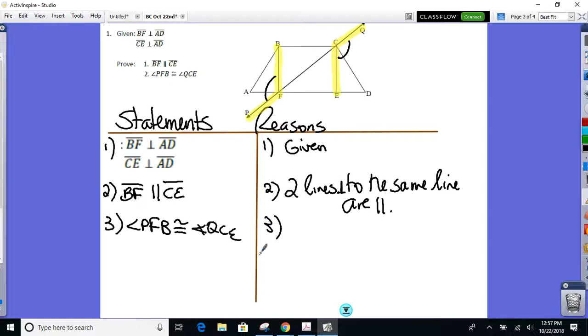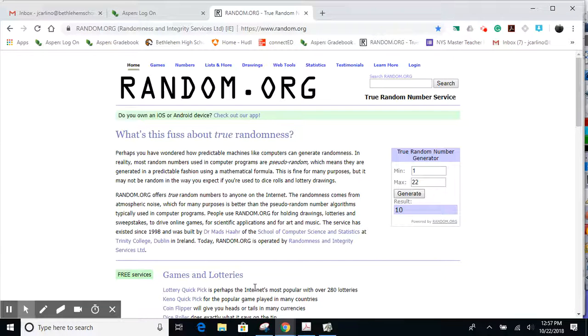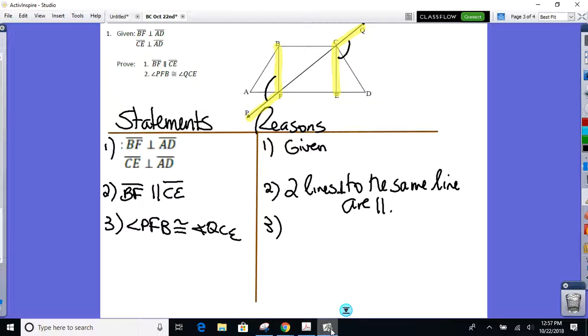And I'm going to look for somebody else to finish this proof. What would be a great reason to use here? 18, great reason to use. Okay, I don't mean to cut you off there. Can we please have that tomorrow? Because they're not congruent unless you have parallel lines. Go ahead, continue.